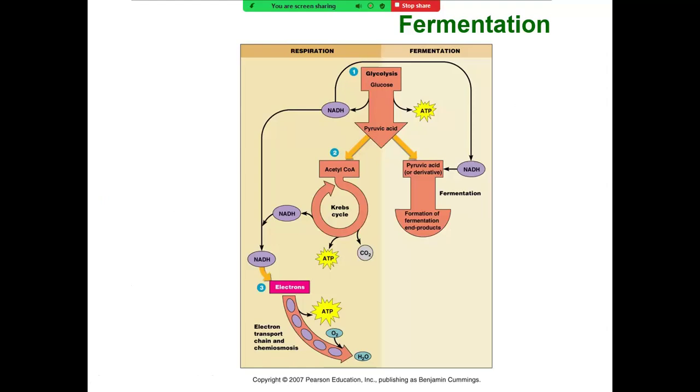This electron transport chain is smaller in anaerobic respiration, and so we get less ATP being made, meaning there's a shorter chain of proteins in the electron transport chain.